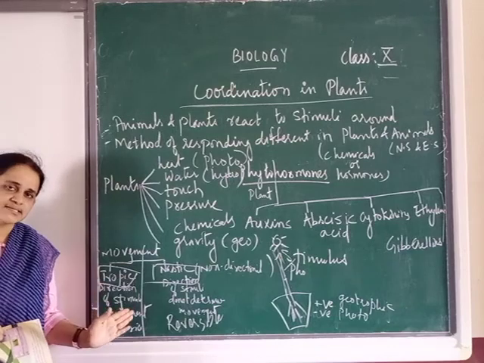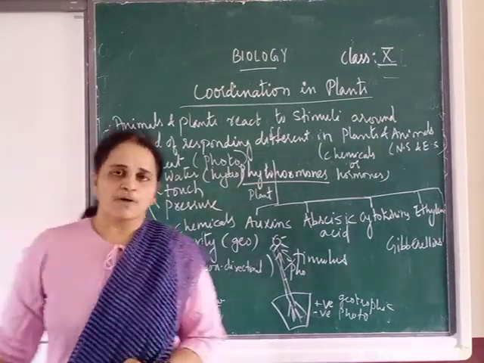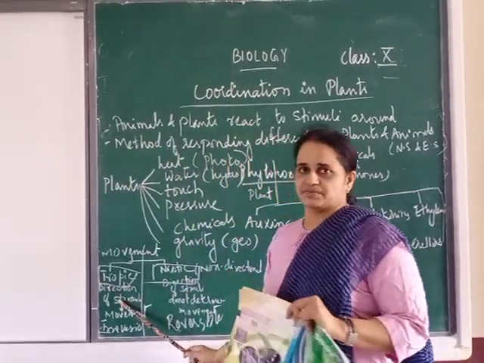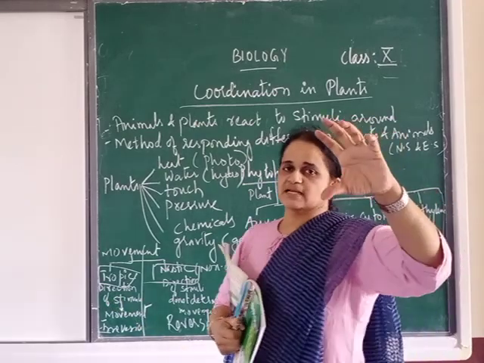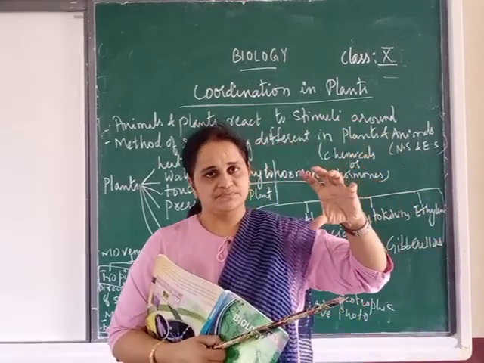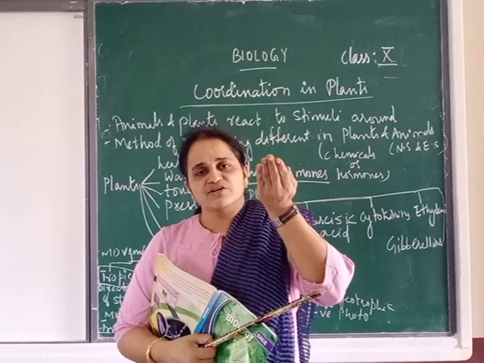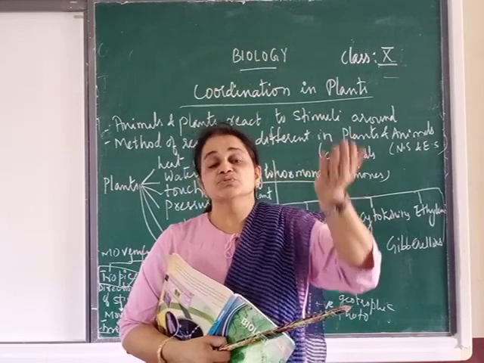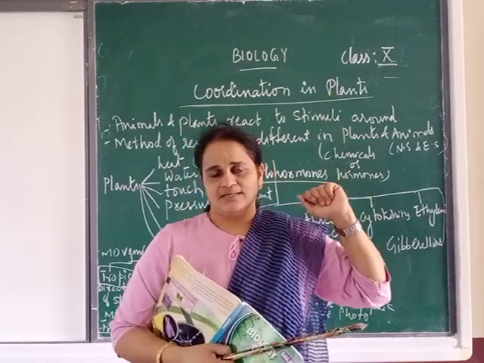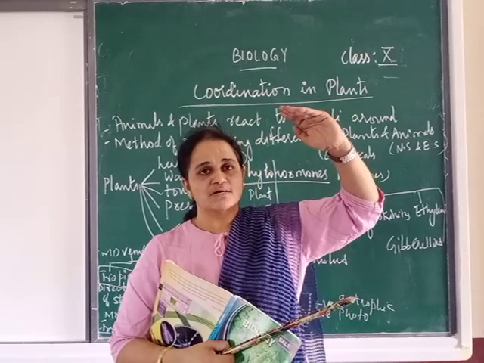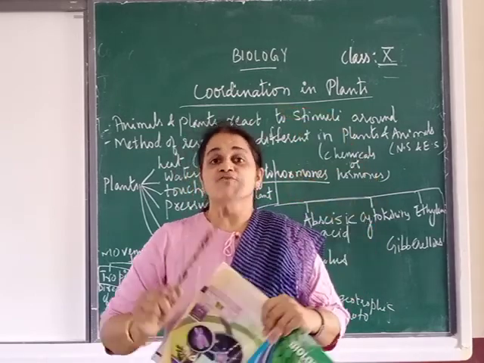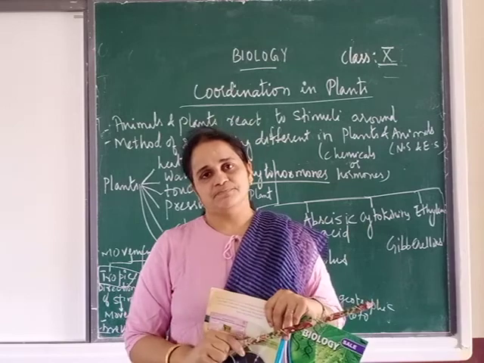Now, is the difference clear? Tropic has direction. Take the example of sunlight. The upper part of the plant, that is the shoot, moves towards the light. That means it is showing response to what? Light. So it is called phototropism.